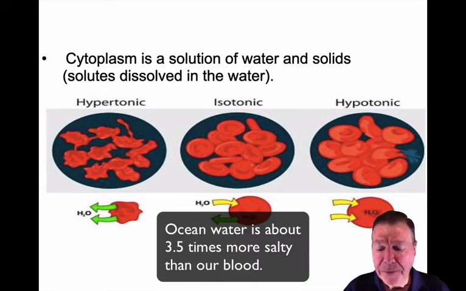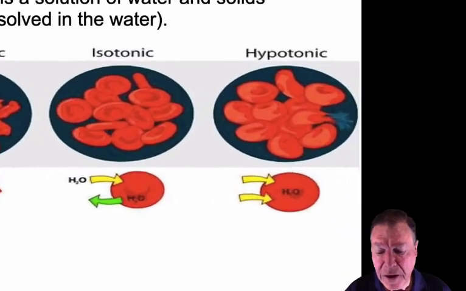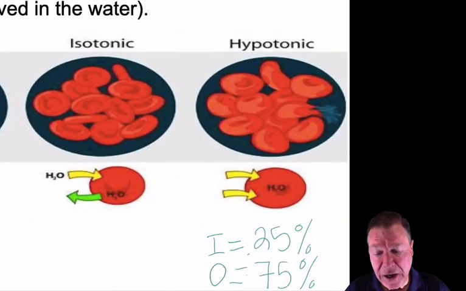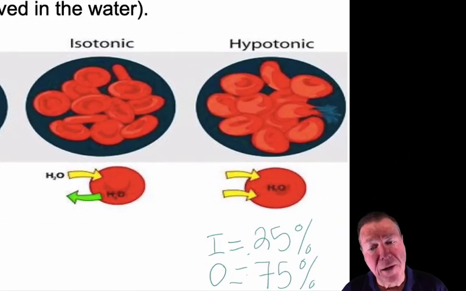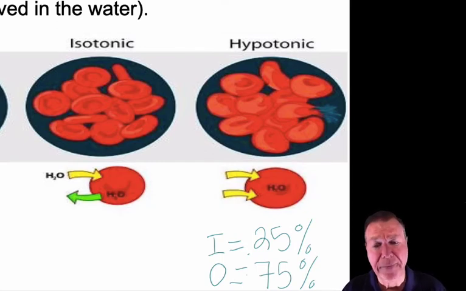Anyways, here are the three different types of solutions you could have, and I'm going to explain them to you because you need to know this. A hypotonic solution is when the inside of the cell is, let's call it, 25% water. All the rest of it is proteins and salts and sugars and things like that.